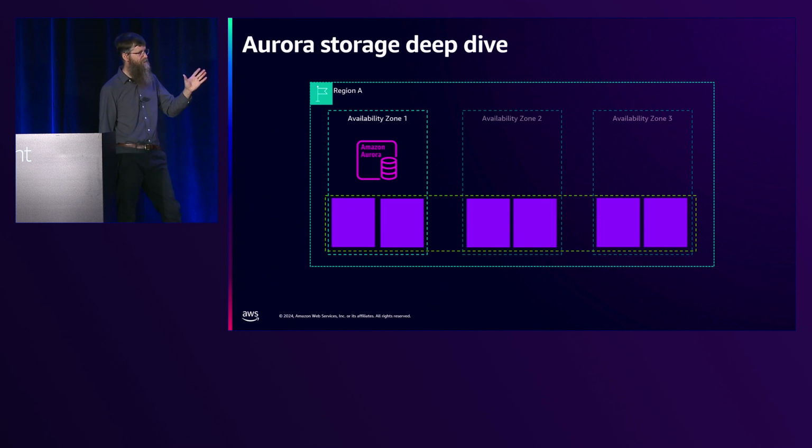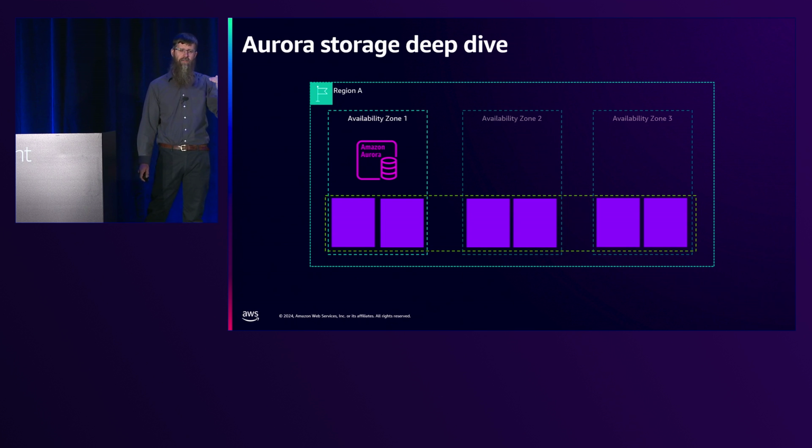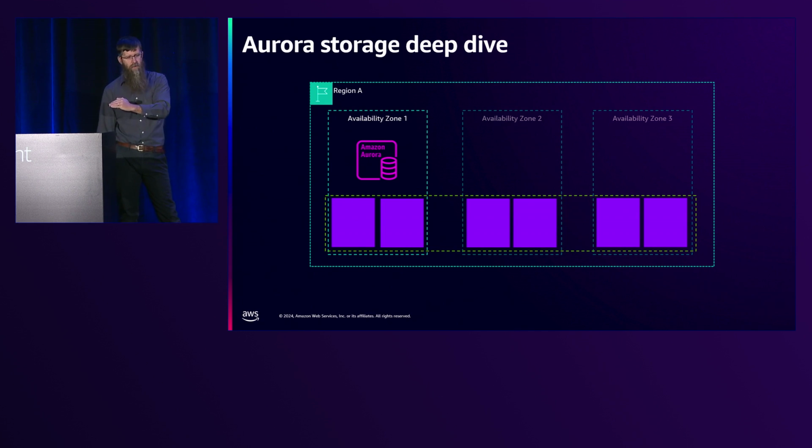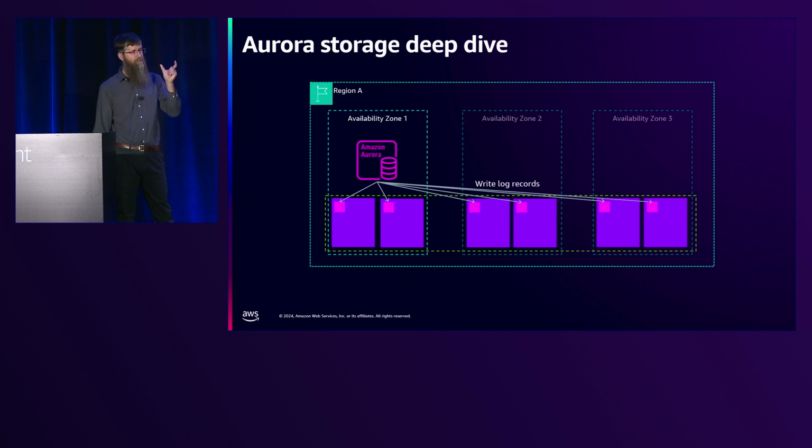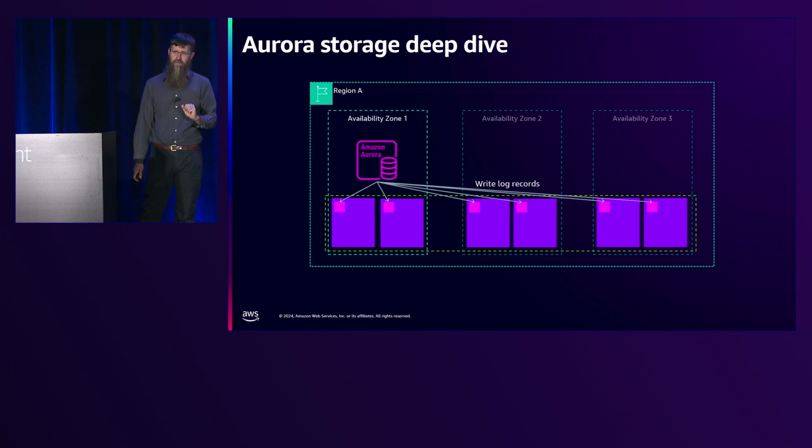So traditional databases generally, they write a log of the things that they're going to be doing, and then they write the things that they're going to be doing. Well, Aurora just writes those logs. It doesn't write the pages at all. Right? And it writes them in a special Aurora log format to Aurora storage. Now the storage understands that format.